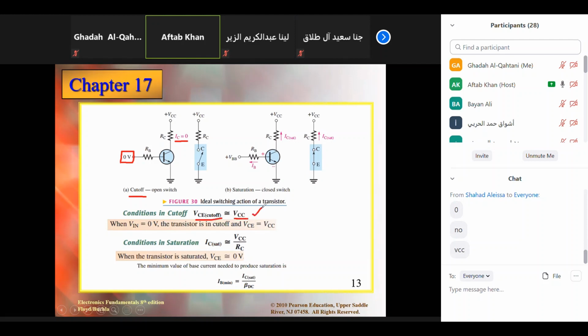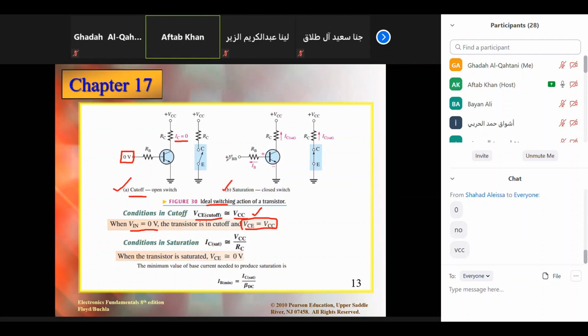Did you get this equation, girls, correctly? This is the first, cutoff mode equation. Clear? Yes. V in is equal to 0 volt, the transistor is in cutoff, and we can say VCE is equal to VCC. This is the first case, cutoff. This is the ideal switching action.